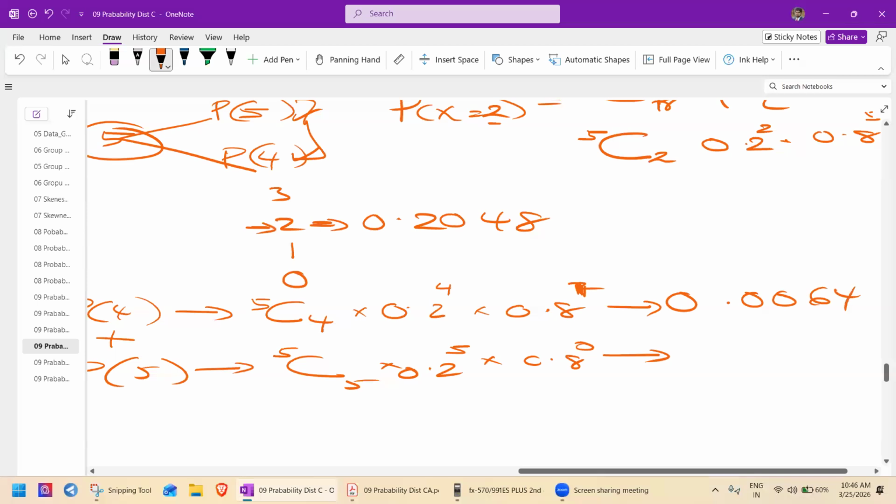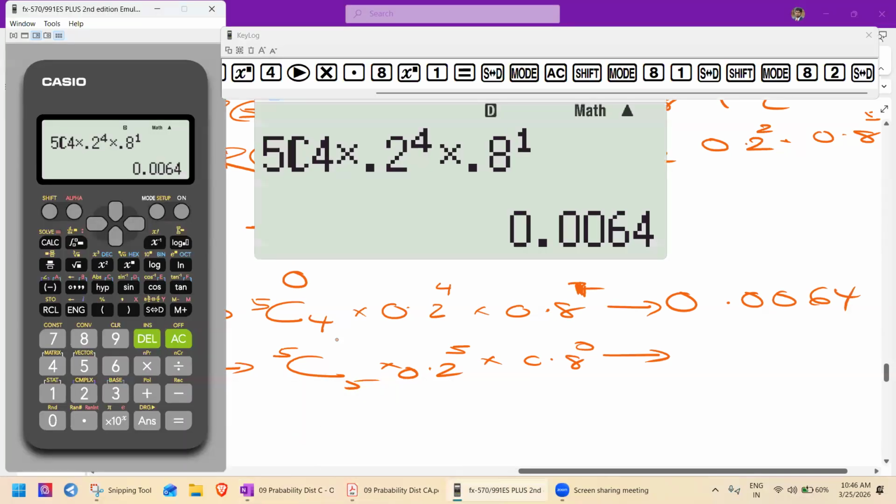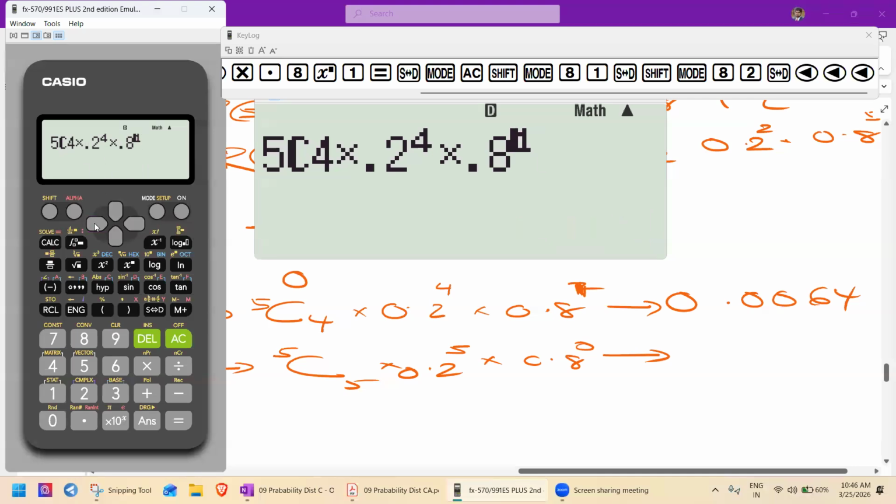Right? Then we apply the second one. Here we can edit.